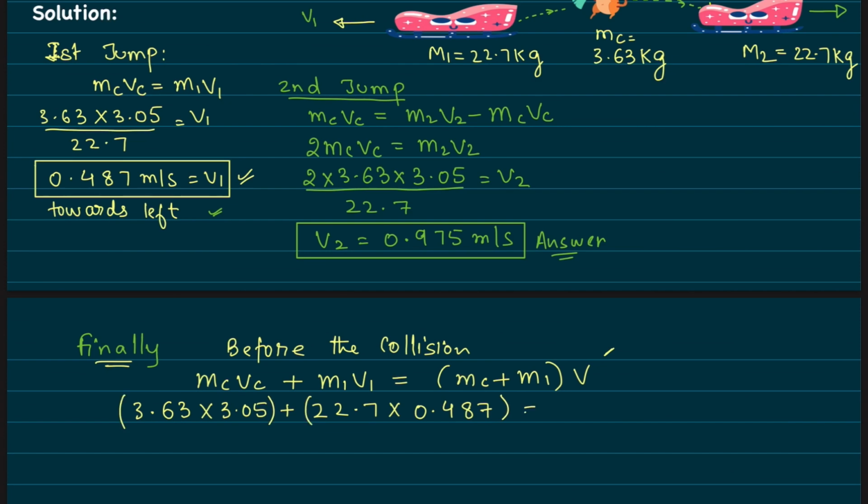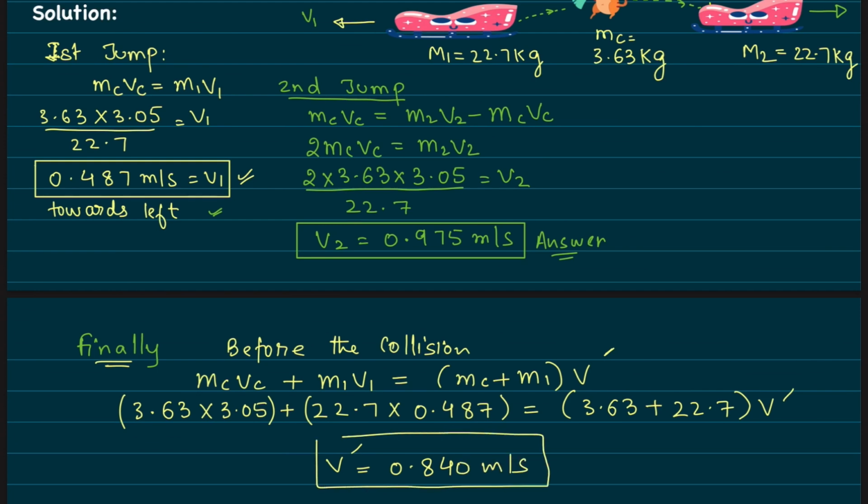This is equal to mass of cat, 3.63, plus m1, the mass of the sledge, 22.7, times v dash. So it's a simple calculation. Once you do the calculation, you will get the answer of v dash. So finally v dash is equal to 0.840 meter per second.